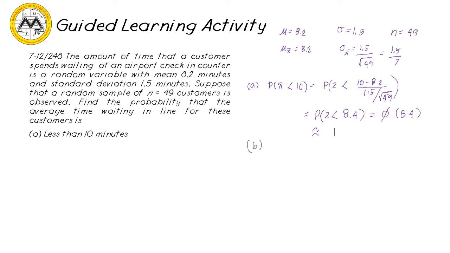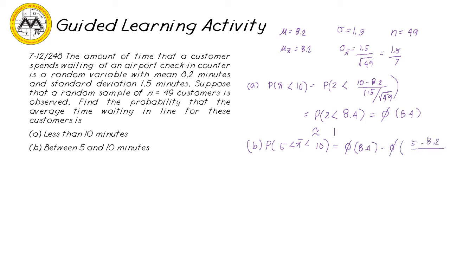For letter B, between 5 and 10. So the probability that x bar is between 5 and 10 would be phi of 8.4 minus phi of 5 minus 8.2 over 1.5 over square root of 49.